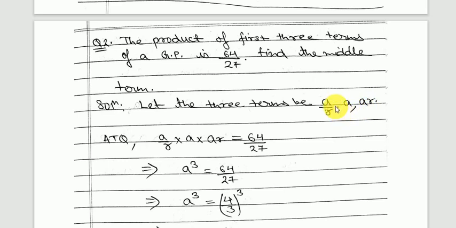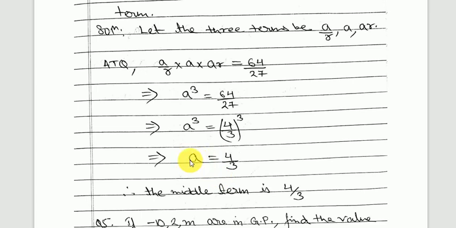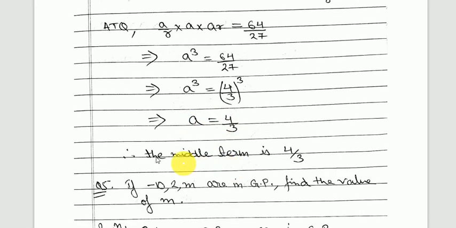According to the question, the product of these three numbers is equal to 64 upon 27. So we get A upon R into A into AR equals 64 upon 27. This R and this R cancel, so we are left with A cube equal to 64 upon 27. So A is equal to 4 upon 3. Therefore, the middle term is 4 upon 3.